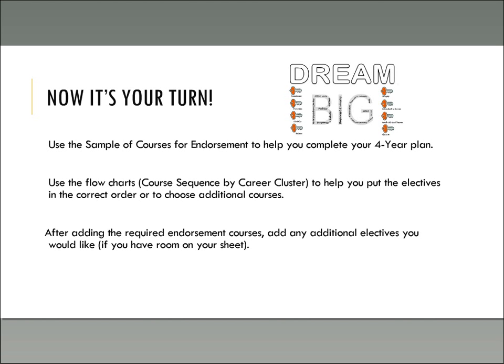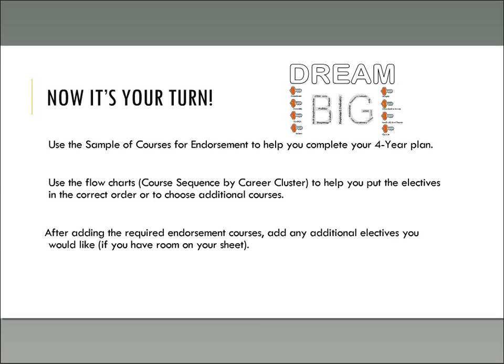You don't have to stick within your career cluster if you've already satisfied all the other required courses that you need. So teachers, if you could take a moment to monitor and assist students in this process as they are completing their 4-year plan. And students, it is okay for you to use abbreviations as long as you know what you're trying to say, because you're the ones that are going to have to enter this information into the computer.